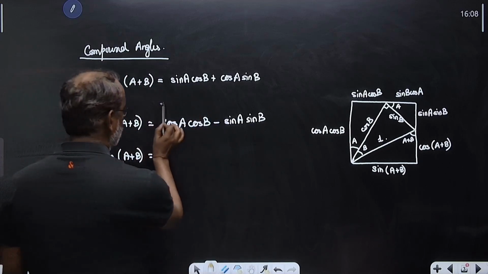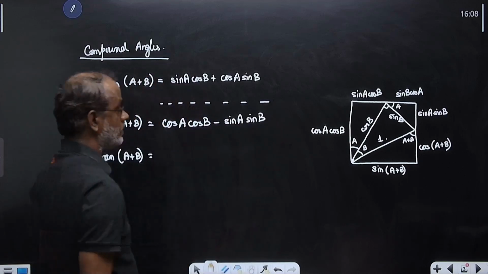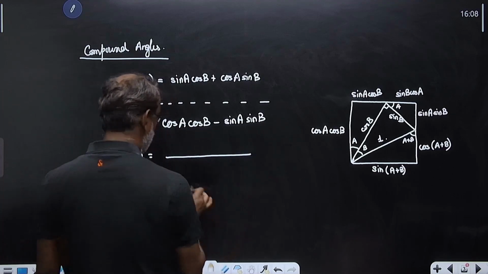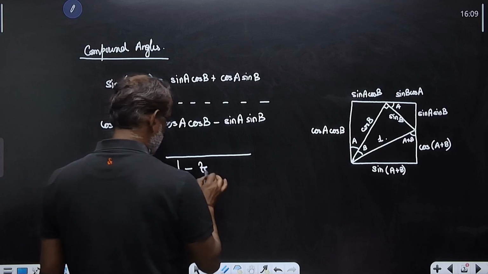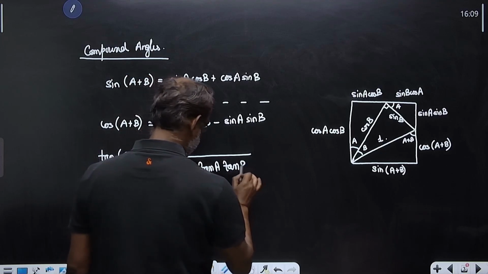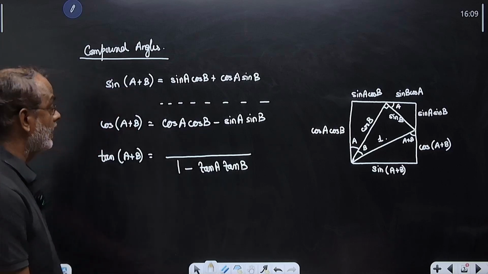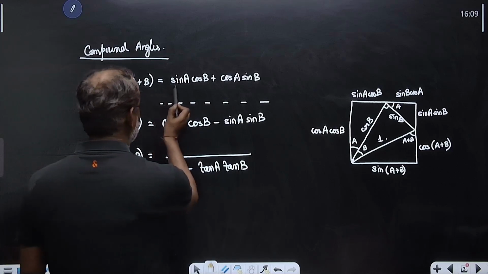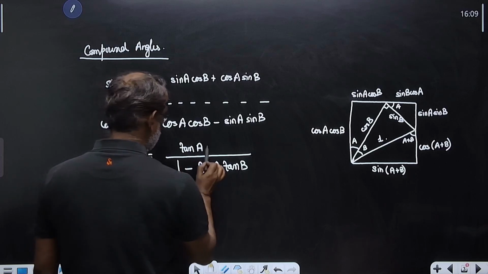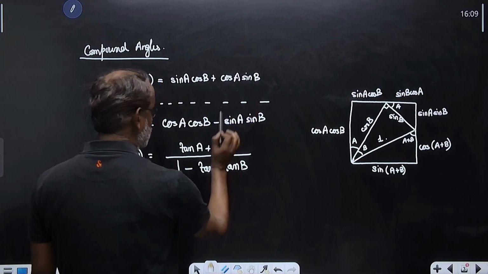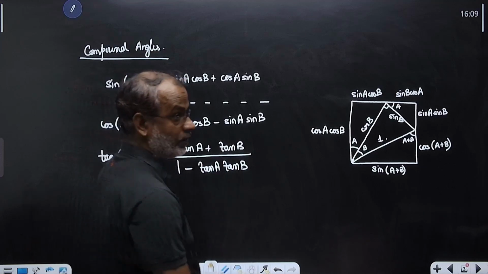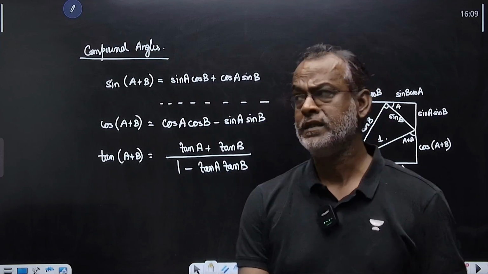If you divide these two and divide the whole thing by cos A cos B, in the denominator you get one minus tan A tan B. In the numerator, sin A by cos A is tan A and sin B by cos B is tan B. So tan A plus tan B upon 1 minus tan A tan B.